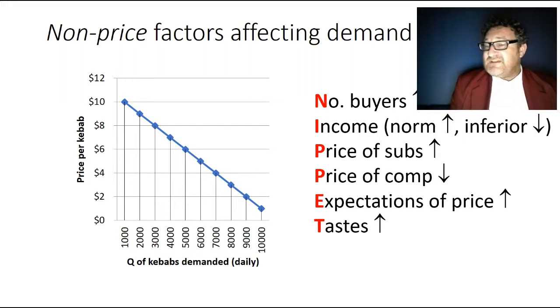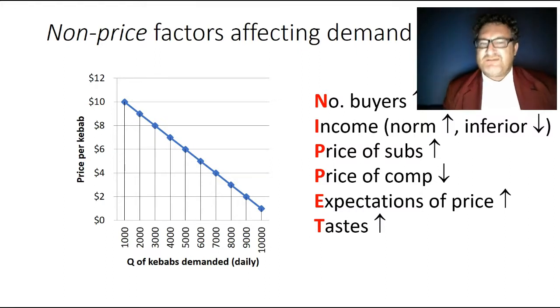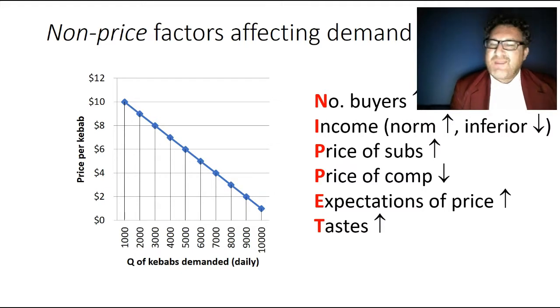And if price expectations changed, for example if the consumers believed that kebabs were going to increase in price to $1,000 a kebab tomorrow, they might increase their demand for kebabs now, even if the price hadn't changed. And if consumers suddenly liked the product more than they did before, so their taste changed in a positive direction, then whatever the price is, consumers would presumably buy more kebabs.